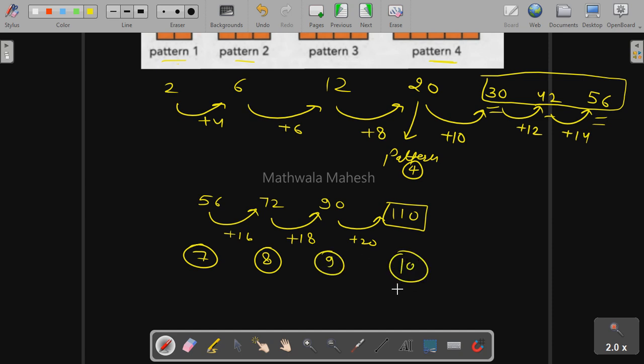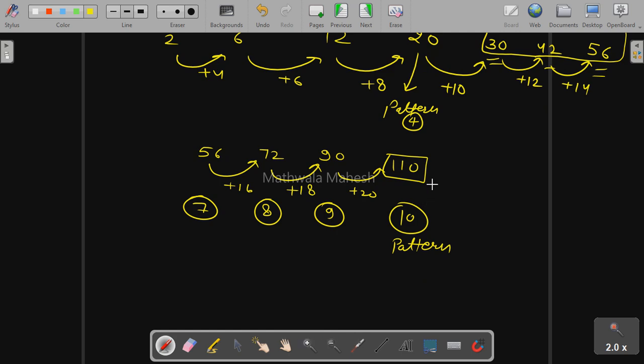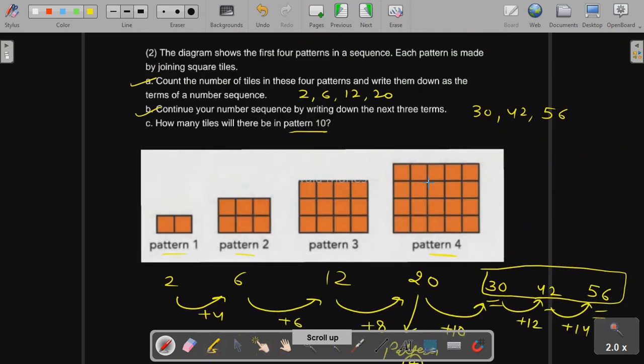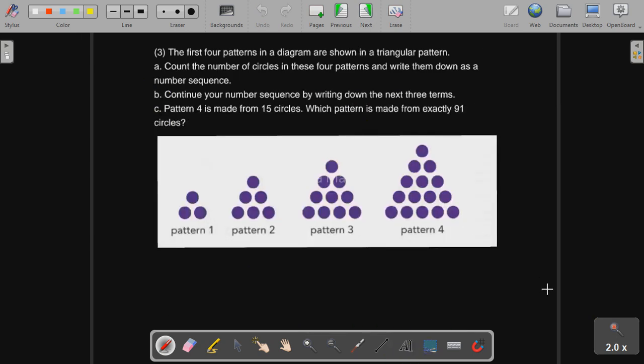This one is 7. This one is 8. This one is 9. And this one is 10. Okay. This is 110. So how many tiles will there be in pattern 10? 110. Okay. So this is question number 7. Moving to the next one.